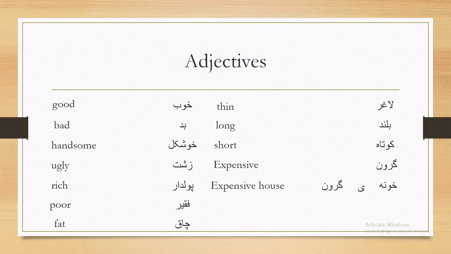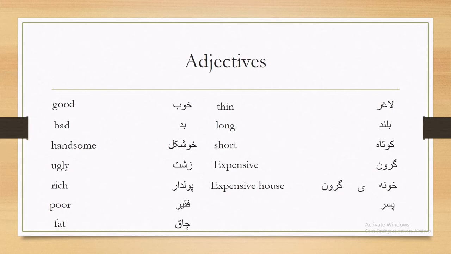And if our noun doesn't have he at the end, what should we do? For example, پسر means boy. We want to say good boy. As you see in this list, good means خوب. So we should use خوب after پسر, which is our noun here.